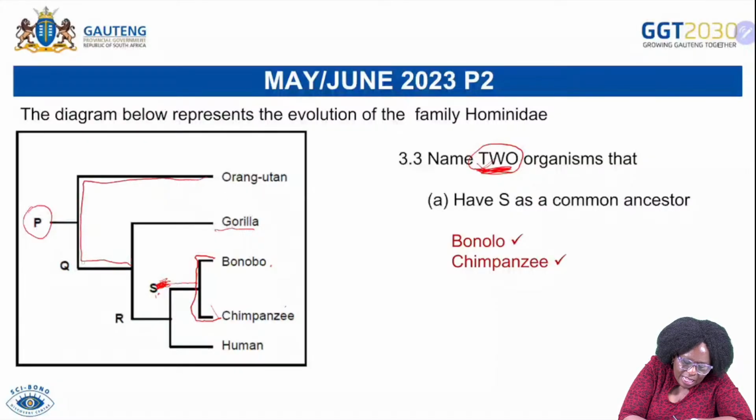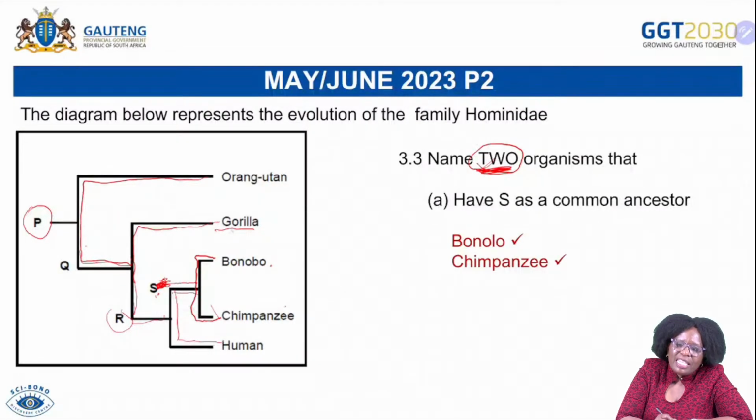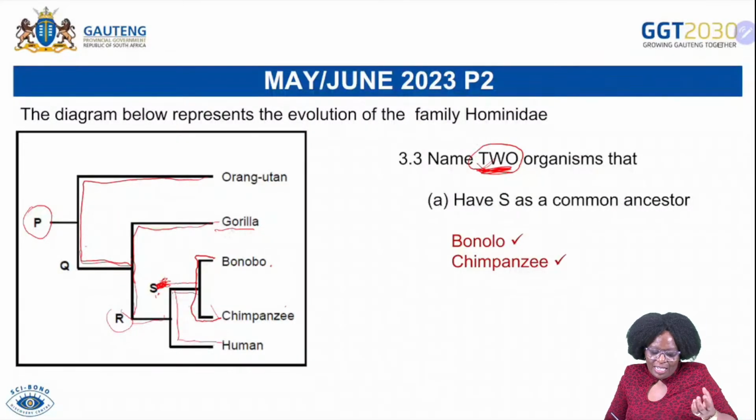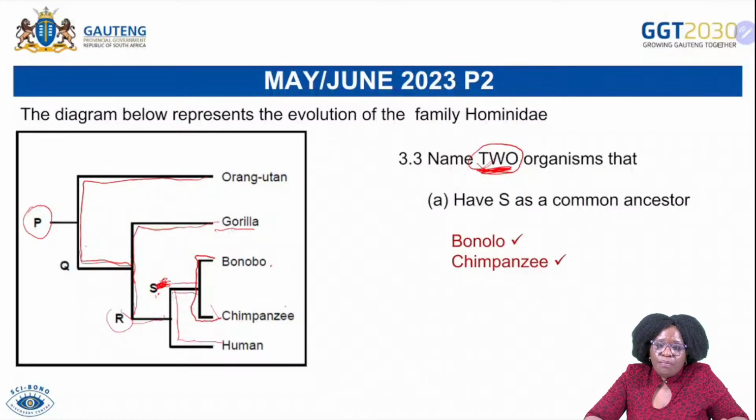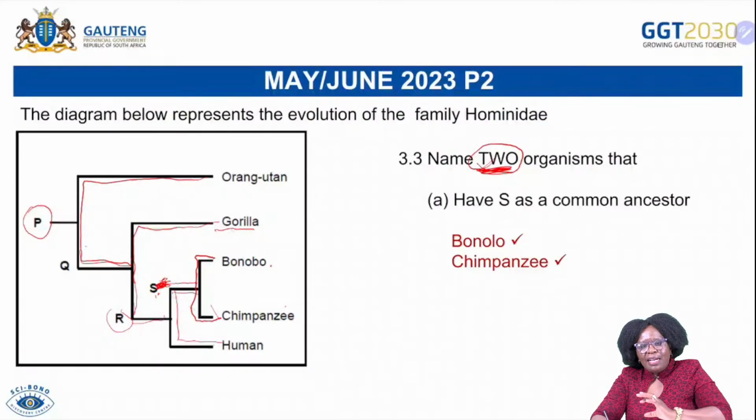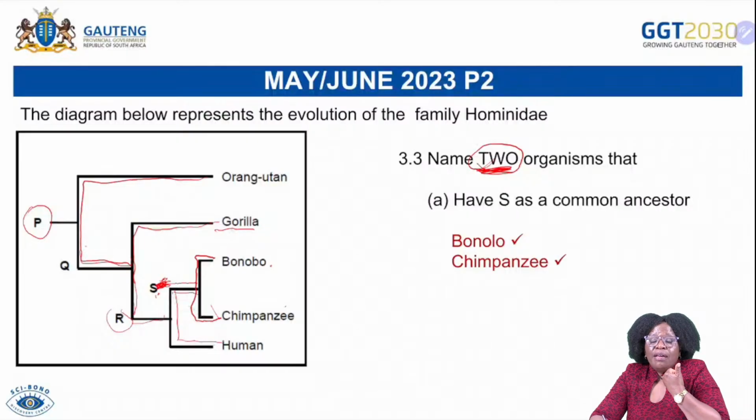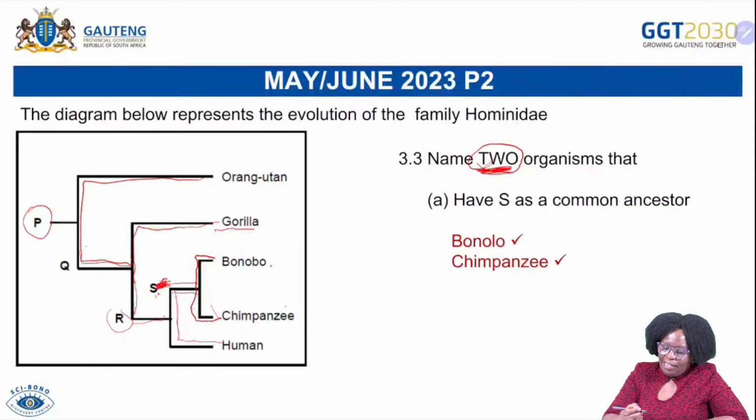That is why it has this line that gives the break up to gorilla. Then the gorilla breaks up with R, and then there is another breakup of S. All these lines connect to show you that there is a relationship. Hence we speak about a phylogenetic tree or cladogram, showing us the evolutionary relationships and how long ago organisms have existed.